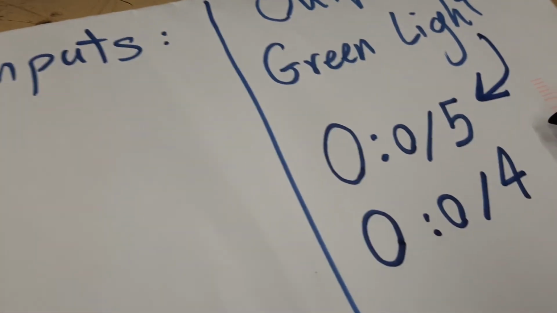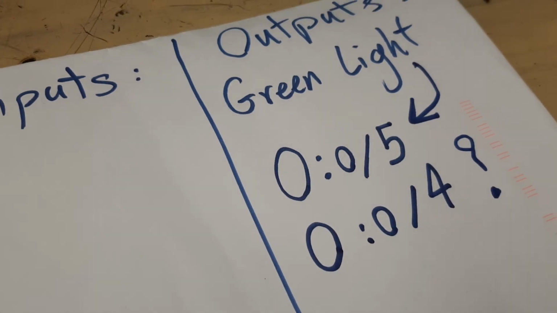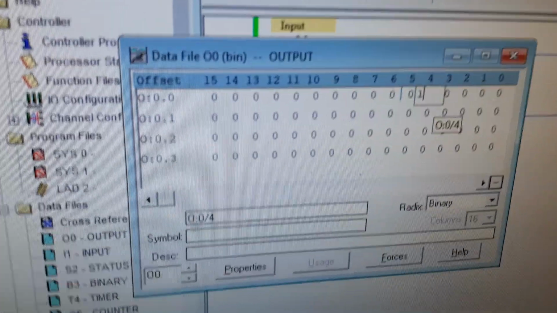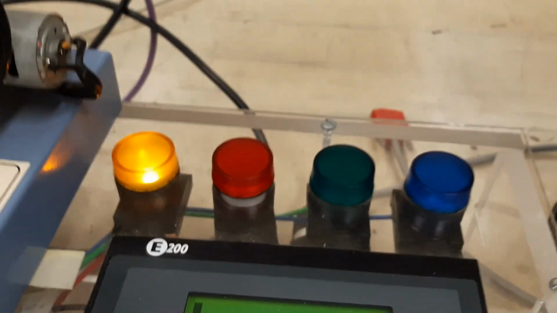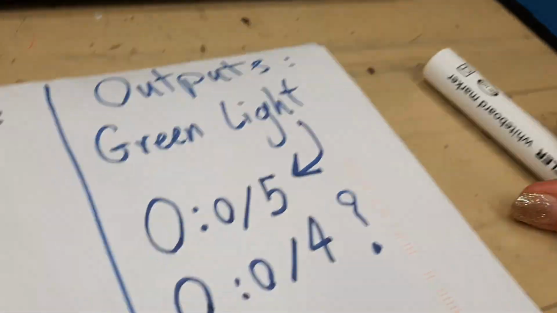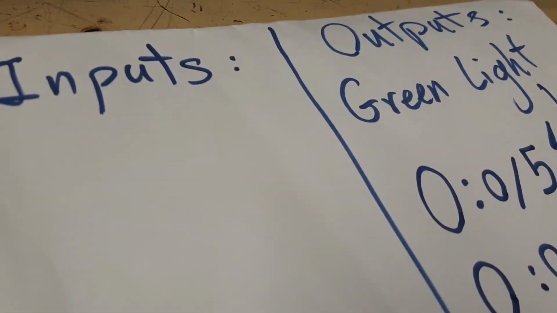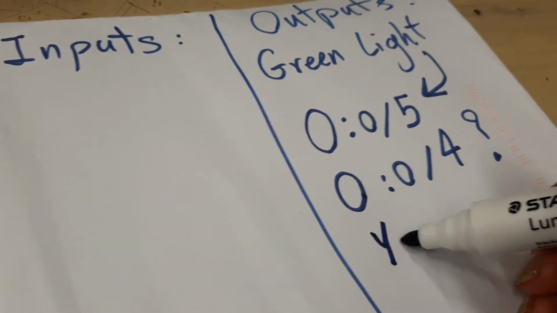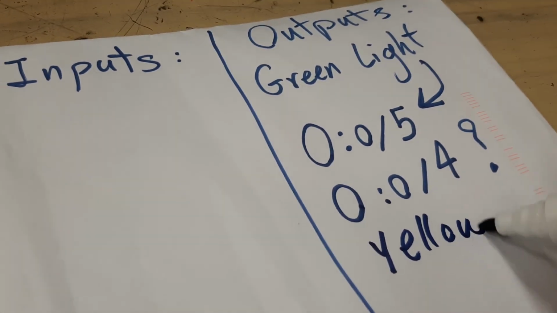I wonder which one is for 4. I go and change this. Okay, that's the yellow amber color light. So I write in my table, this one is for yellow light.